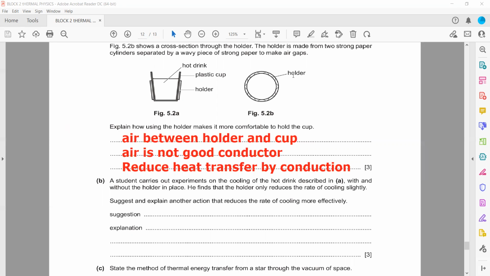That's why it will reduce the heat energy transfer by conduction or even convection, you can mention.